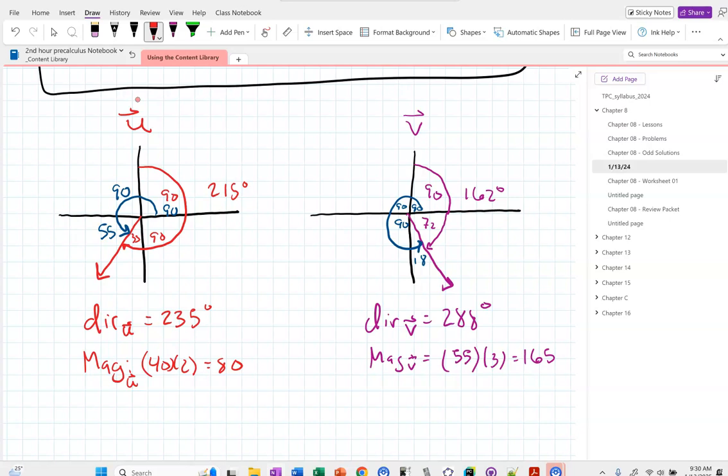Now I have the information that's given to me translated into vectors described as a magnitude and a direction, right?